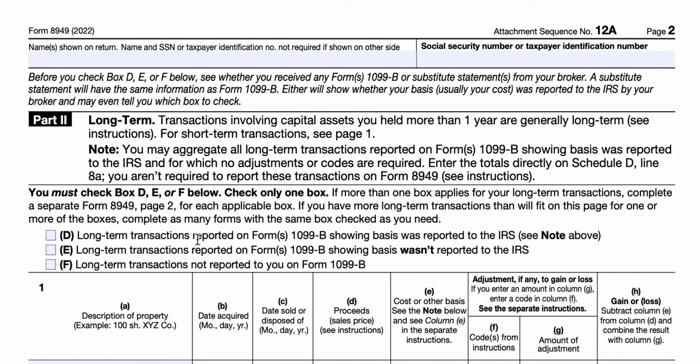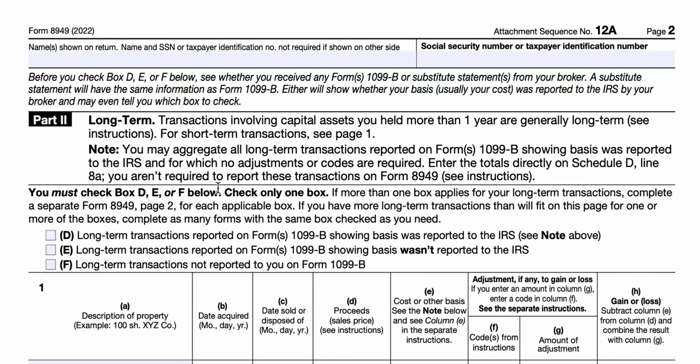And again, Box D is going to be the same on Form 8949 as Box A was for short term. So long-term transactions reported on a 1099 that shows basis being reported to the IRS. And then Box E would be for transactions reported on a 1099 where the basis was not reported. And then Box F would be long-term transactions that weren't reported to you at all on a 1099.